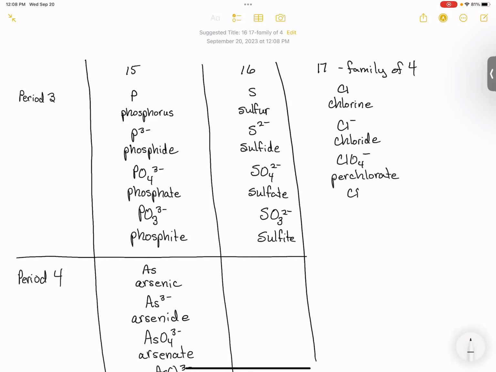You have ClO3 minus, which is chlorate. You have ClO2 minus, which is chlorite. And you have ClO minus, which is hypochlorite.